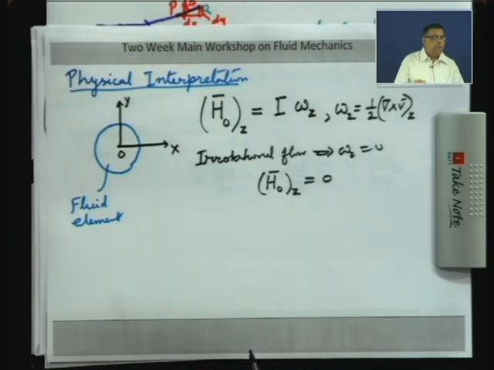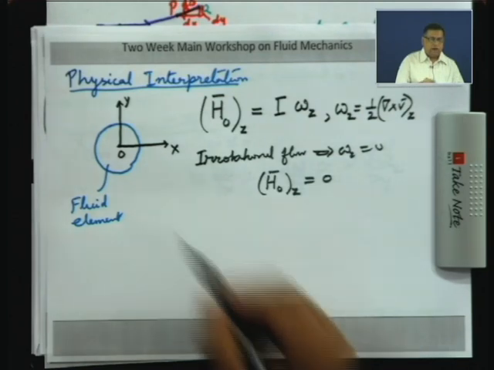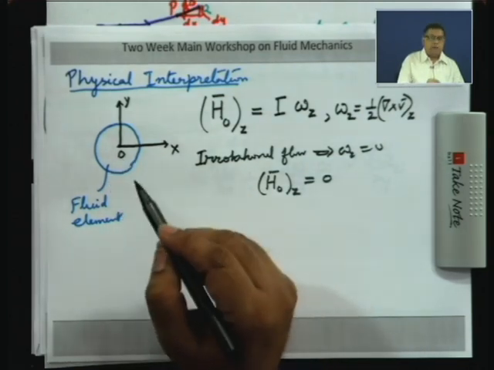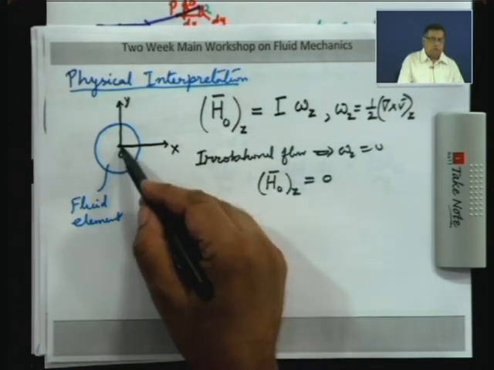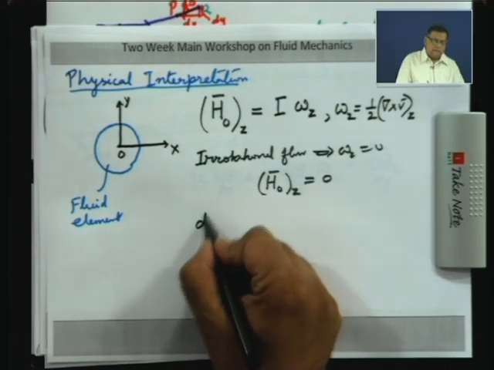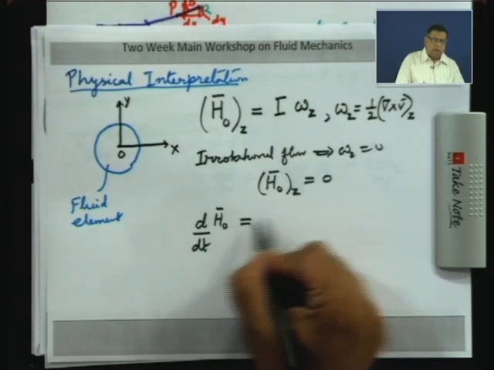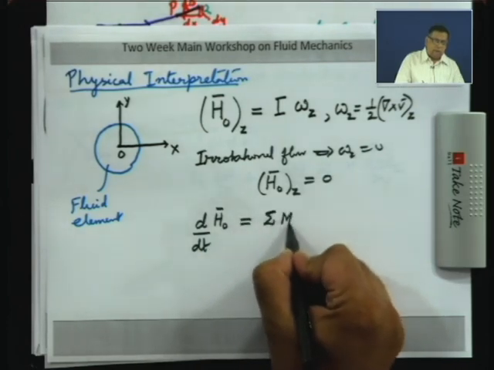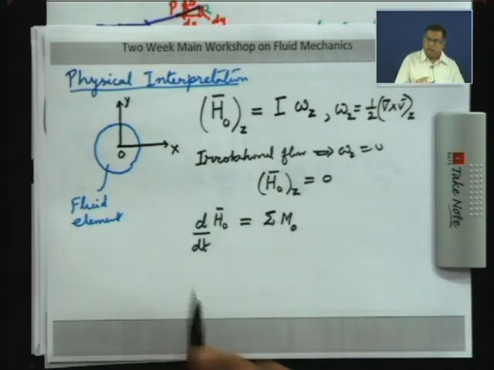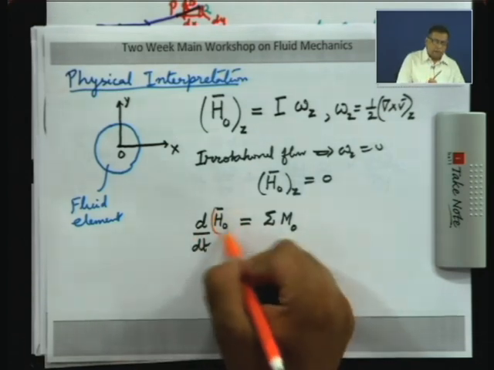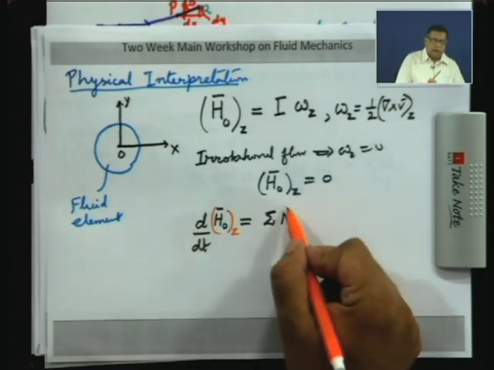Now, as the fluid is moving, its angular momentum could change if the forces acting on the fluid element exert a moment about O. So, we know that d dt of h O will be the sum of the moments about O. Now, if you are interested in the moment about the z axis, this will be z and this will be z.